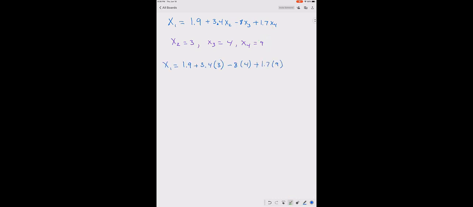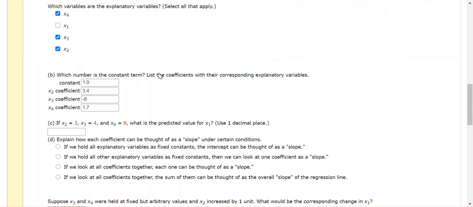Once again, all I did was take each value and plug it into the spot that it belonged. Then I typed that out in my calculator, and it is equal to negative 4.6. So I type in negative 4.6.